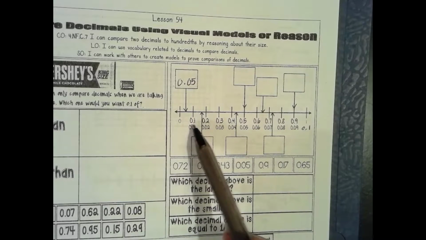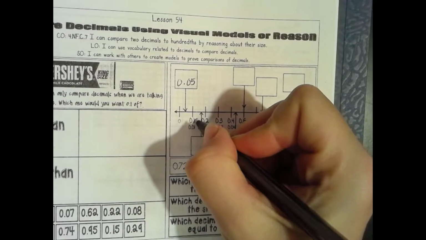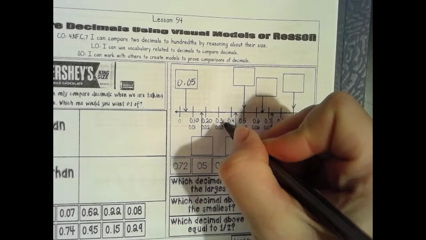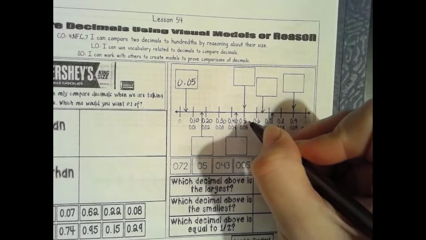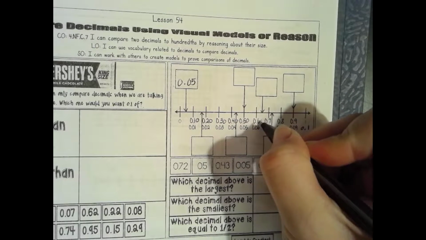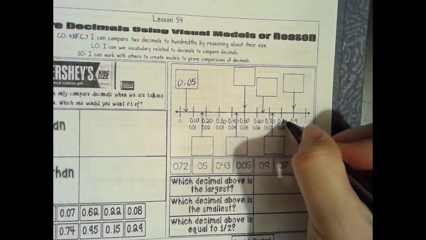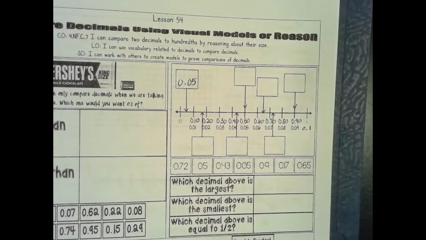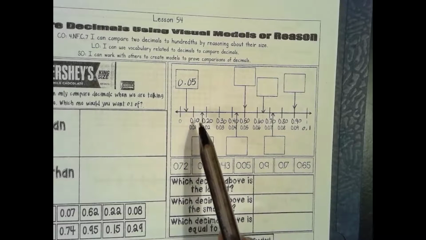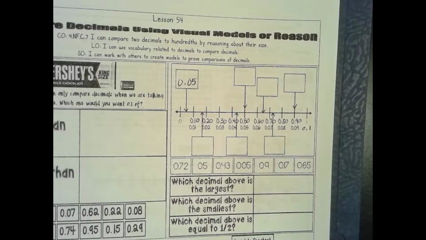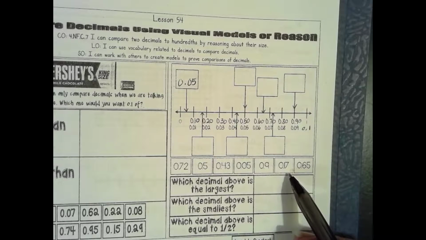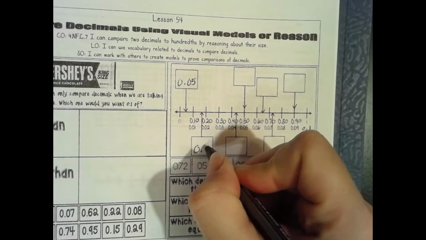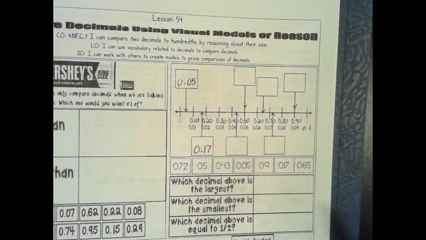Well, this could also be seen as 10 hundredths, 20 hundredths, 30 hundredths, 40 hundredths, 50 hundredths, 60 hundredths, 70 hundredths, 80 hundredths, 90 hundredths, 100 hundredths. So what number goes between 10 and 20 hundredths? Well, that would be 17 hundredths. So that goes here. 17's between 10 and 20.